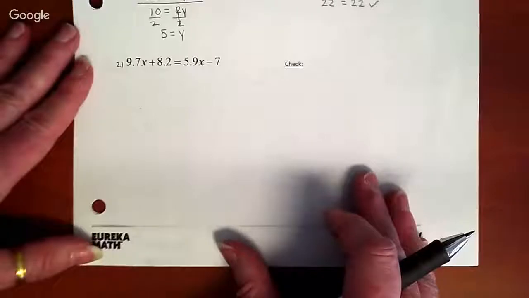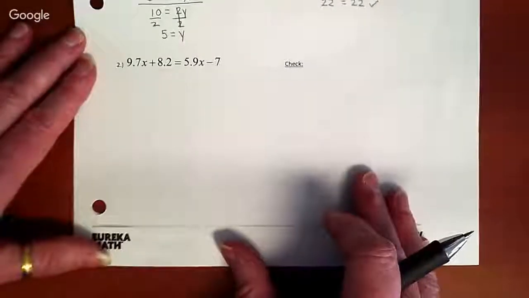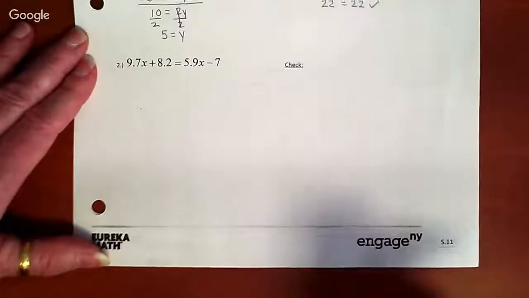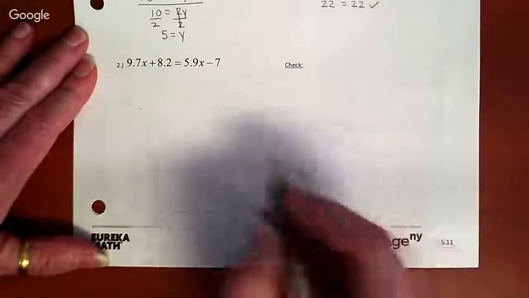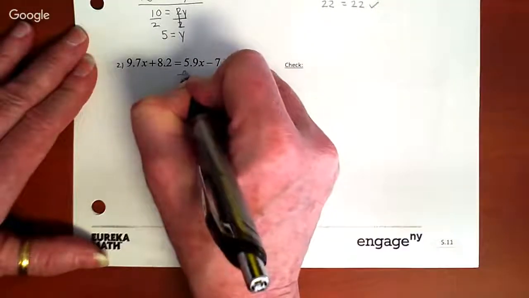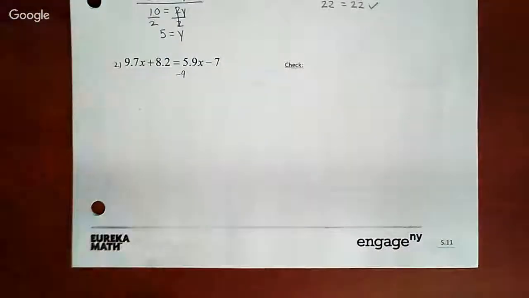This next example involves decimals. And again, doesn't matter the numbers, the process is the same. So here I'm going to subtract 5.9x from both sides. Oops, I made a mistake. So let me erase that.